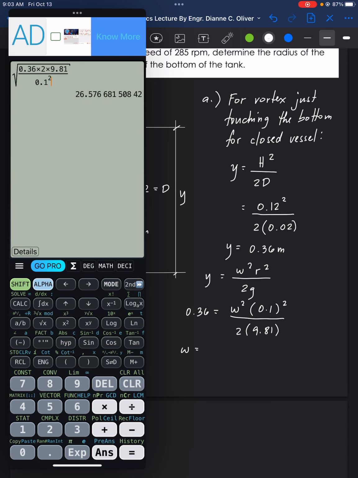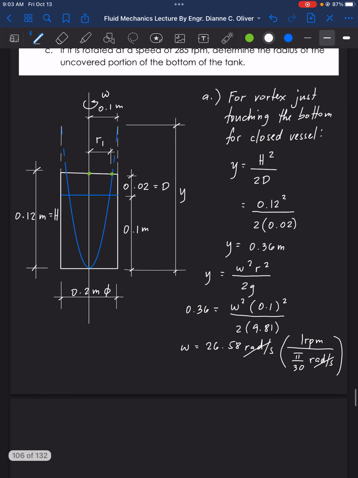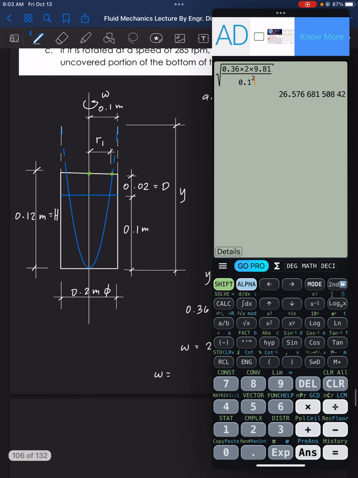So that is 26.58 rad per second. And then we will multiply that by 1 RPM for every pi over 30 rad per second, so the rad cancels. So what is now our omega in RPM?